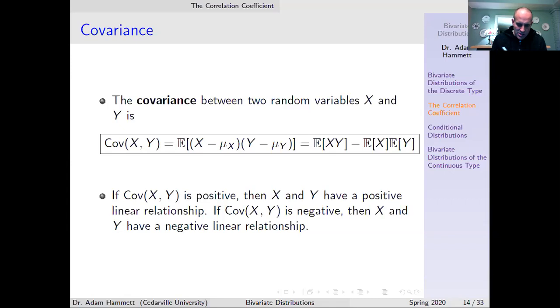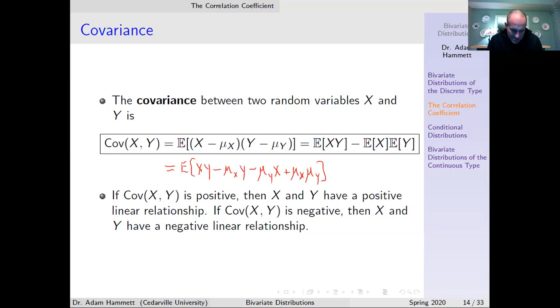And quickly, I wanted to actually write out this computation in full detail just so you could see it. I'm going to do that right here. So this thing is equal to the expected value. Let's multiply this out. This would be xy minus mu x y, minus mu y x, plus mu x mu y, right?